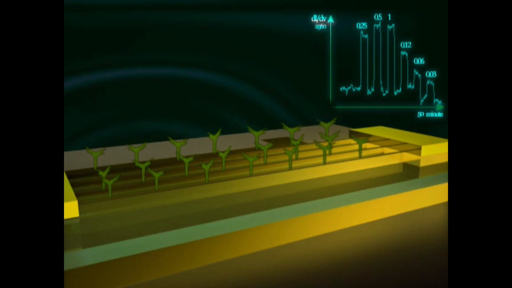The antigens are slightly charged, so when one adheres to the antibody, an electric field is introduced to the underlying silicon nanowire. Charges inside the wire redistribute to cancel out the electric field, resulting in a change in the wire's conductivity. This change can easily be measured electronically, and the antigen concentration can then be determined.